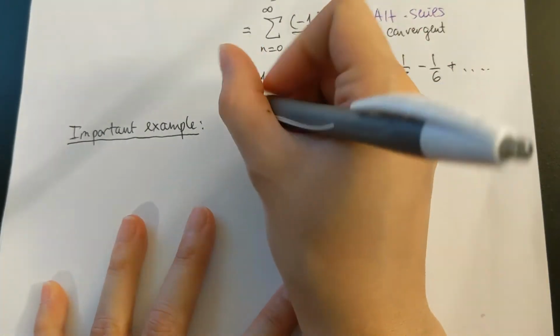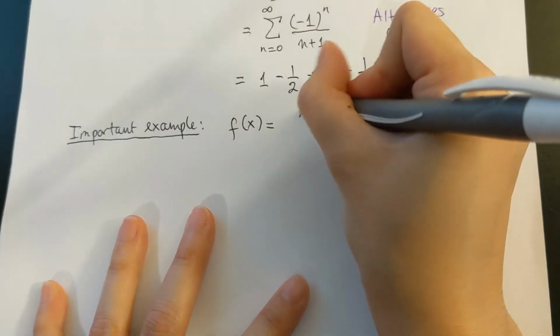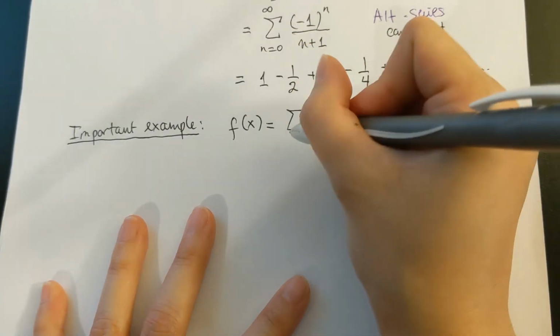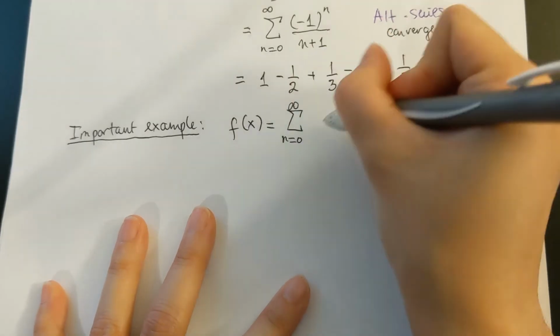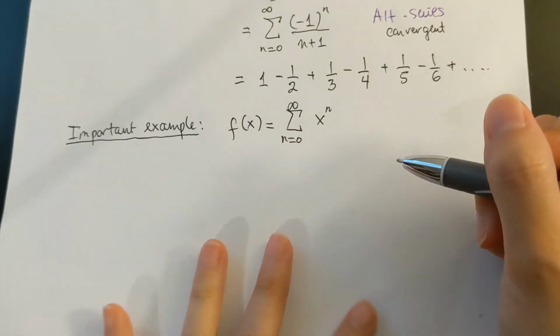Okay, so if I have the function as this simplest power series, centered at 0, so it's just the power series x to the n.